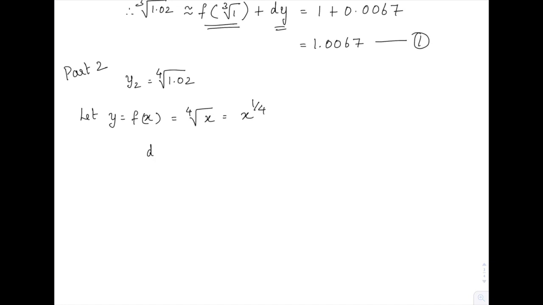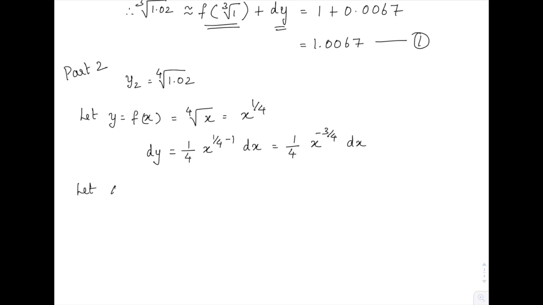And then dy is equal to 1 by 4 into x to the power of 1 by 4 minus 1 dx, which is equal to 1 by 4 x to the power of 1 by 4 minus 1 will be minus 3 by 4, dx.